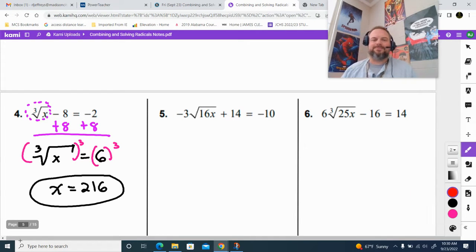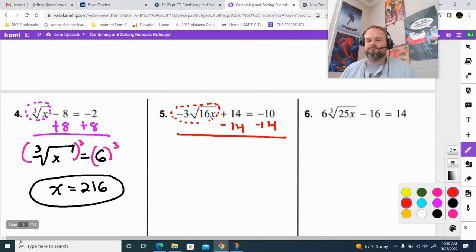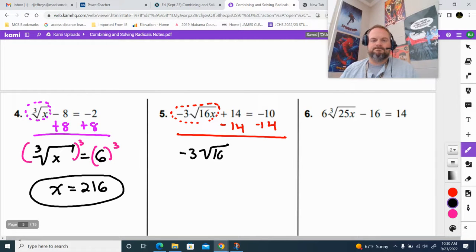All right. Here's our radical. I need to subtract 14 first. Okay.